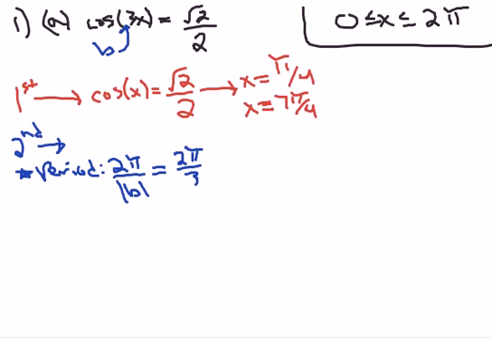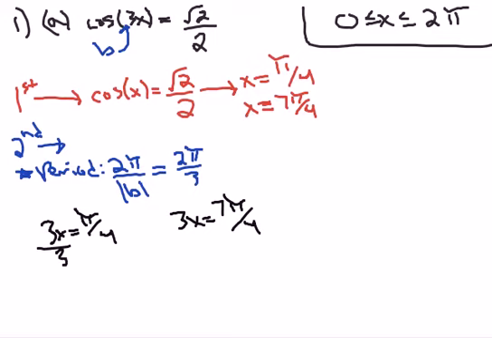Now, I solved this equation, but I didn't include the 3. So I need to update these answers with the 3 because of this 3 here. So I'm going to say 3x equals pi over 4, and 3x equals 7 pi over 4.